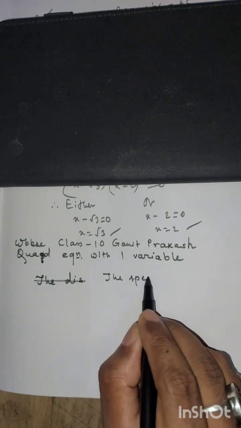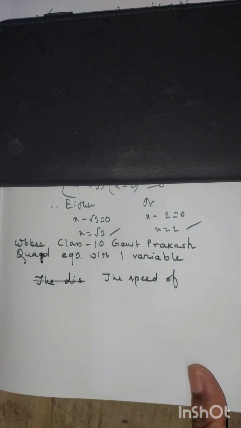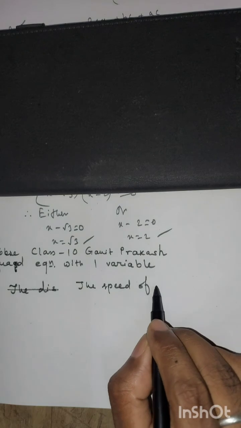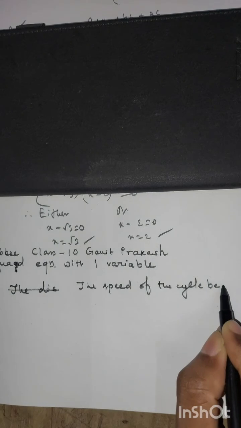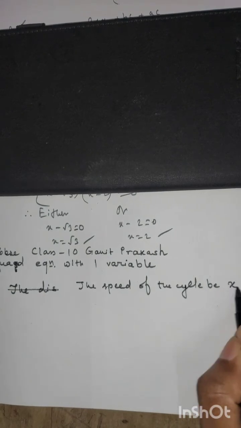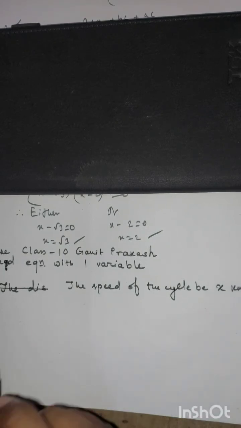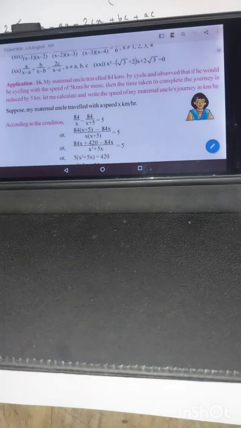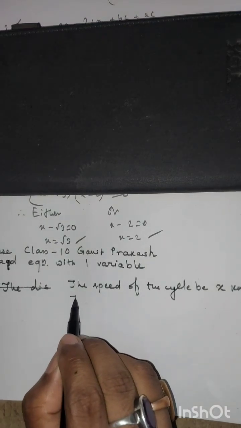The speed of the cycle be x kilometer per hour. The distance is 84 kilometers.